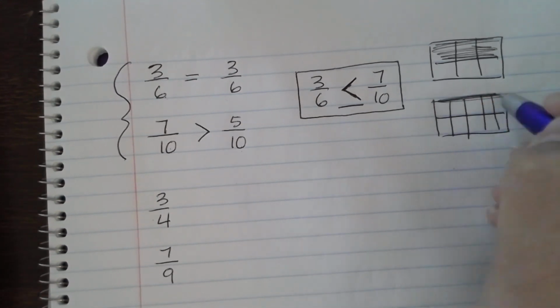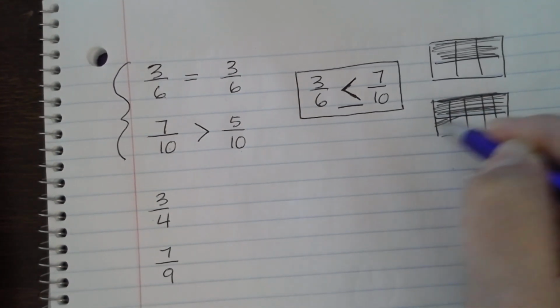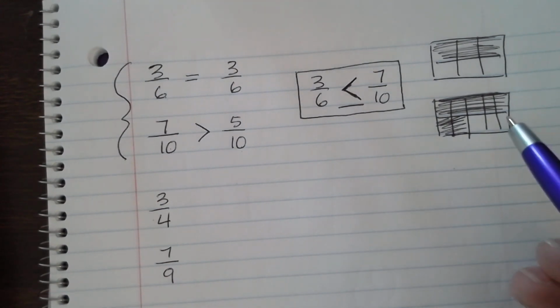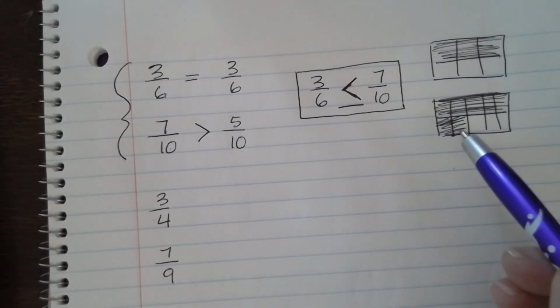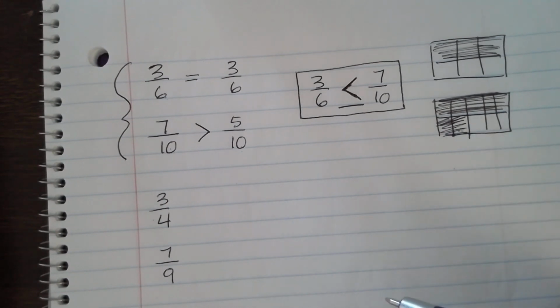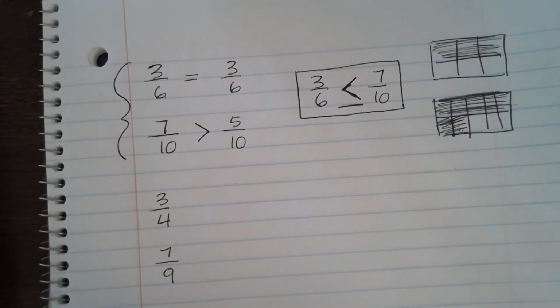This is 5 and 6, 7. So not only do they match the top half, but I also have extra pieces colored in here. So that makes the 7 over 10 bigger. It doesn't matter what's missing. We're talking about what is actually being shaded.